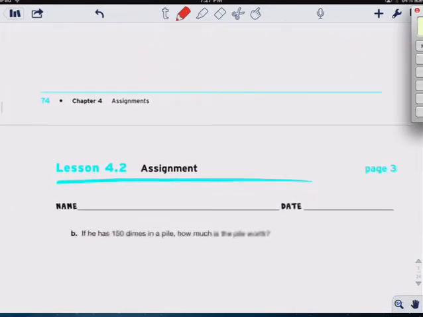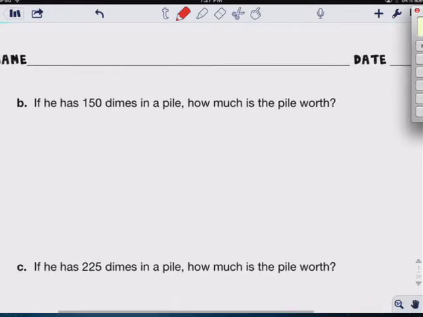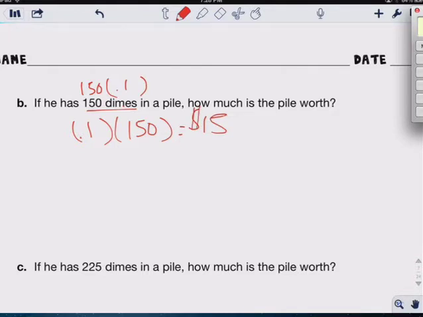Alright, that's easy enough. If he had 150 dimes, the dime is worth 10 cents, or 0.1. So 0.1 times 150. How much is the pile worth? That is equal to, that's easy, $15. 1 times 150 is 150. 1 decimal out, 1 decimal in, $15.